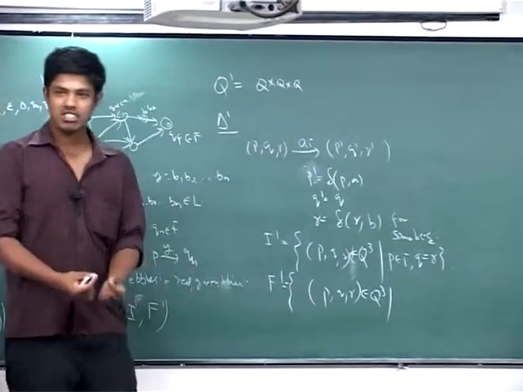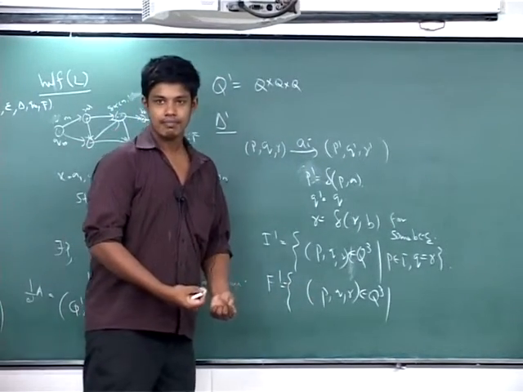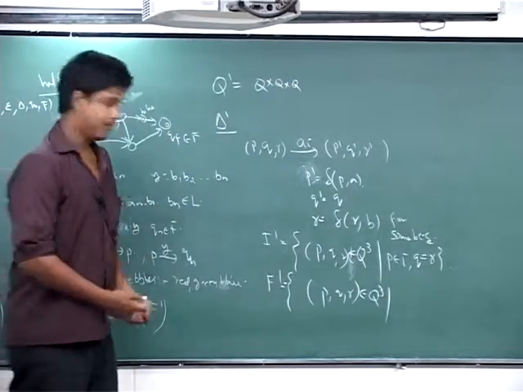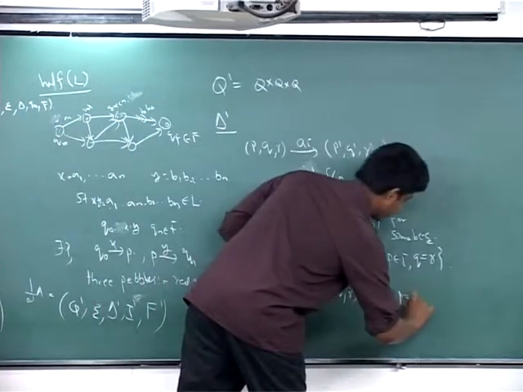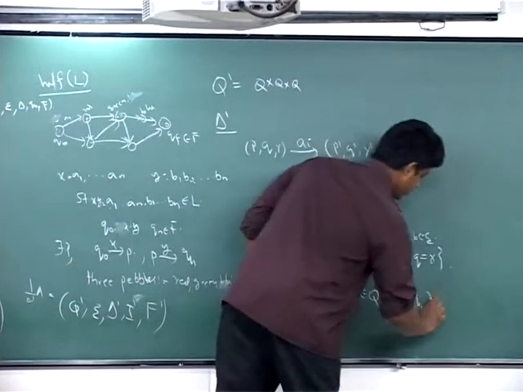But P is just a state, so you mean to say P equals Q, and R is in the final state.